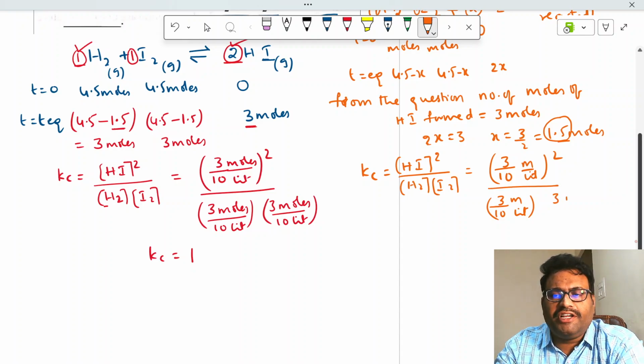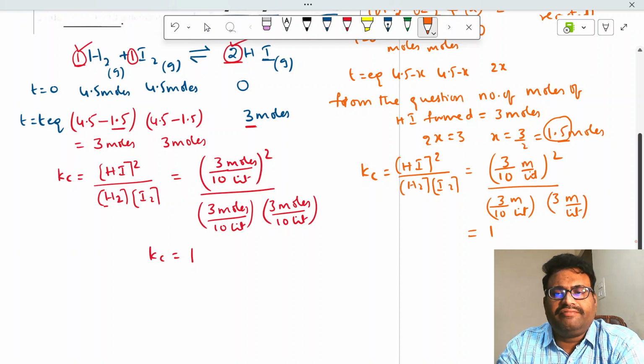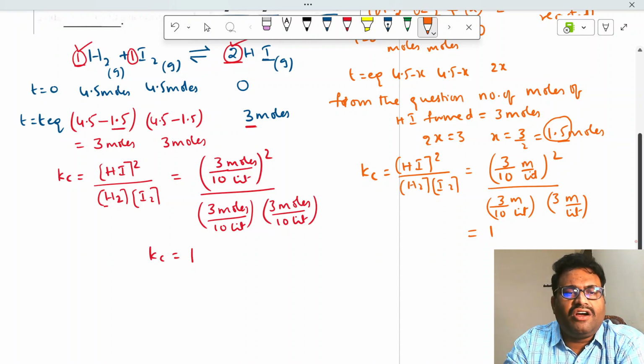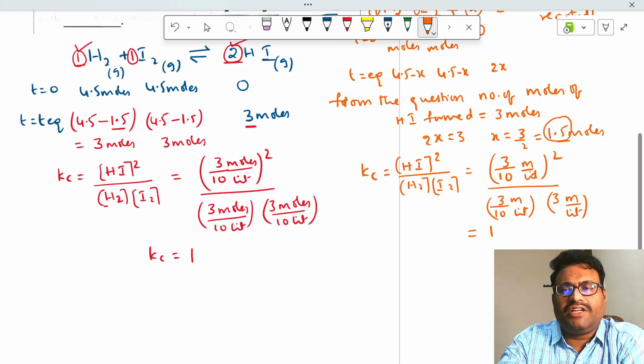In the same way, 3 moles per liter. You are getting 1. So you can calculate it by taking x, or directly, if you are aware of the correlation between stoichiometric coefficient and the number of moles, then you can also calculate it in this way. Okay. Next question.